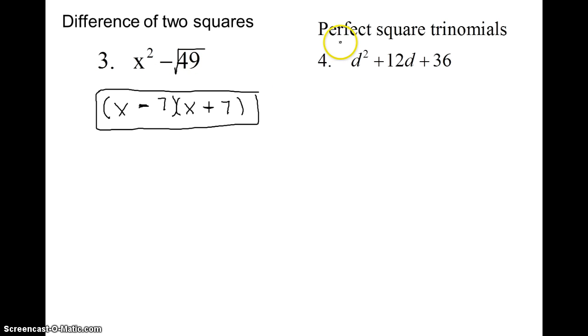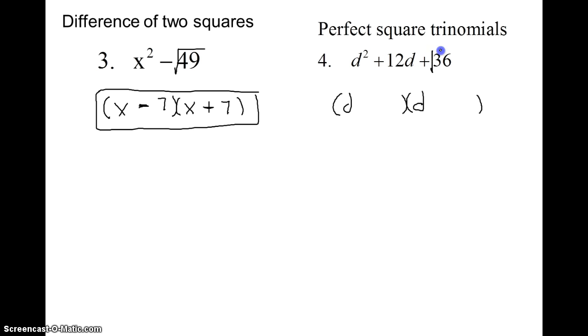For number 4, perfect square trinomials, that's when a equals 1 and c, the last number, is a perfect square number. So when that happens, same thing, we use the two binomials. You put a d and a d, which is the variable that we're using.